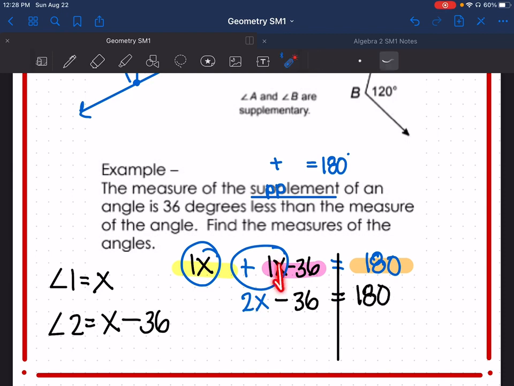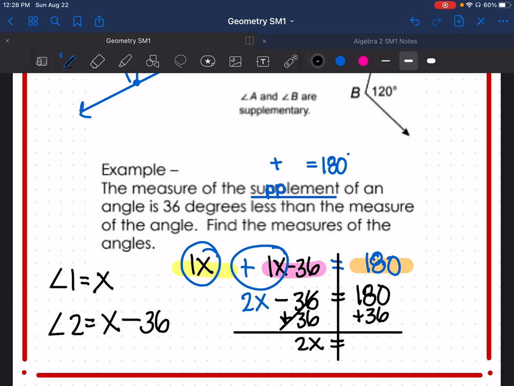I'm at the point where I'm going to go over here where my x is, and I'm going to get rid of my plus or minus by doing its inverse. I see minus. Inverse means do the opposite, which is plus 36. 180 plus 36 is 216. I'm going to go back over here to the side where my x is. There's multiplication hiding there. I need to get rid of it by doing its inverse, which is division, because that's the opposite.